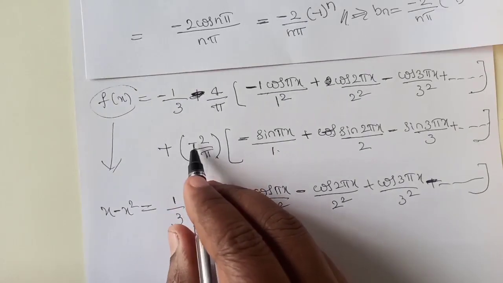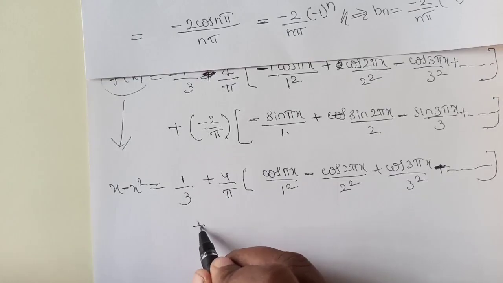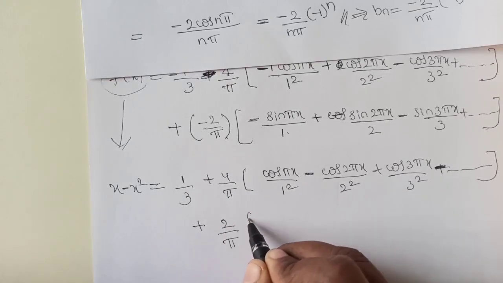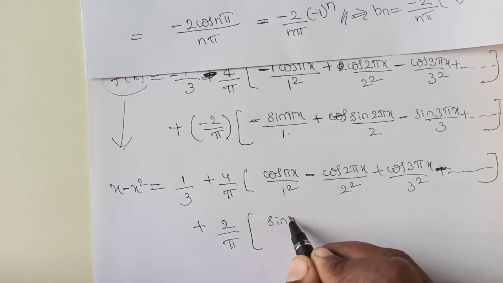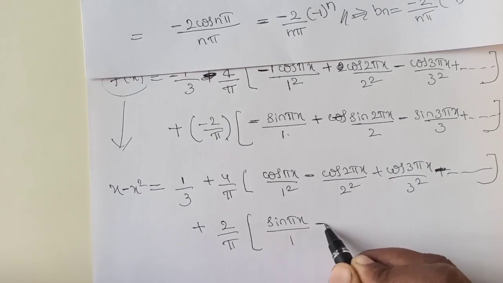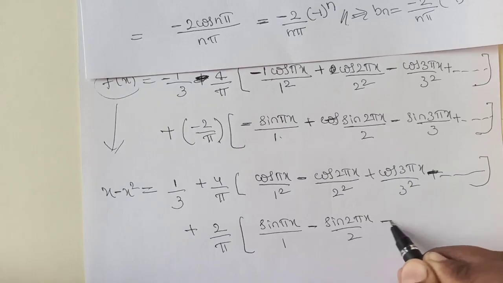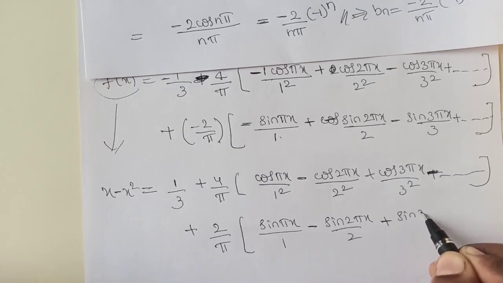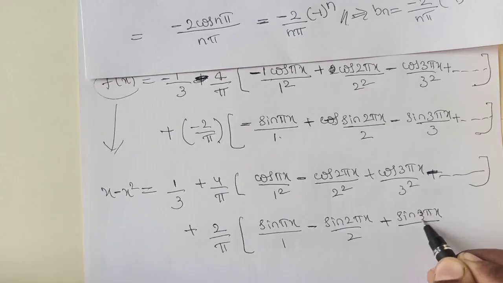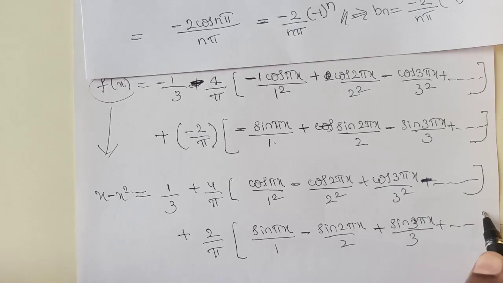Here again multiplying by minus 2, the bracket, we get 2 by pi times sine of pi x divided by 1, minus sine of 2 pi x divided by 2, plus sine of 3 pi x divided by 3, and so on.